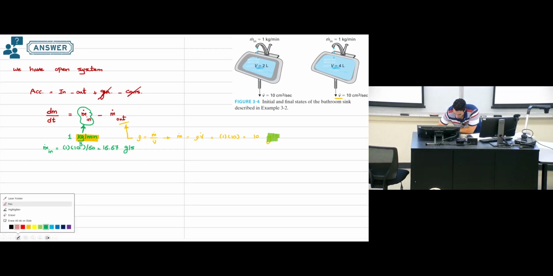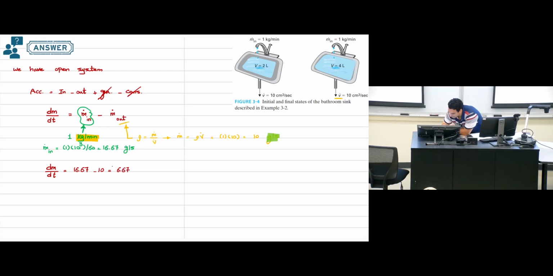Now just substitute in the equation. You have dm by dt, which will be 16.67 minus 10, so it will be 6.67. Separate the variables: dm equals 6.67 dt.